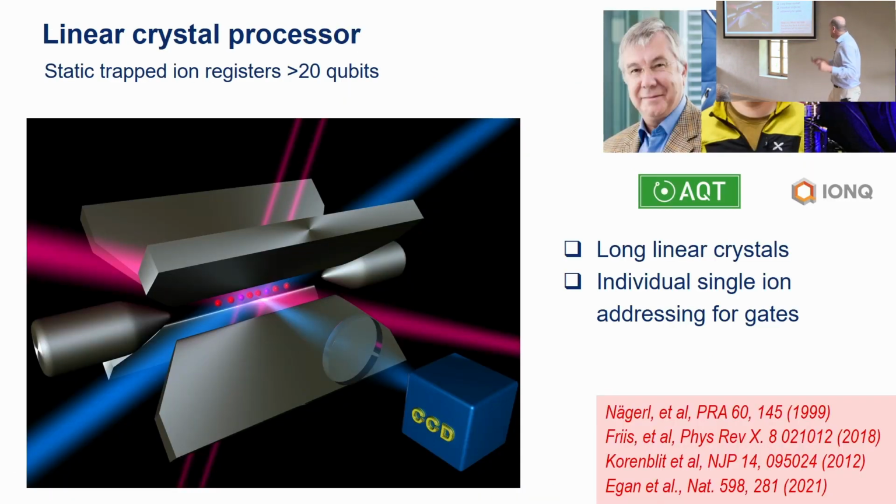Now, architecture. There is one archetype of architecture that is you have a linear ion crystal and you're addressing single ions, and that makes you connect these ions via the common motion of vibration. That's what we will hear in the next talk also extensively, I guess. And these big companies are along this road, and Chris Monroe and Rainer Blatt, and there are many, many citations I could put on top of it, okay?